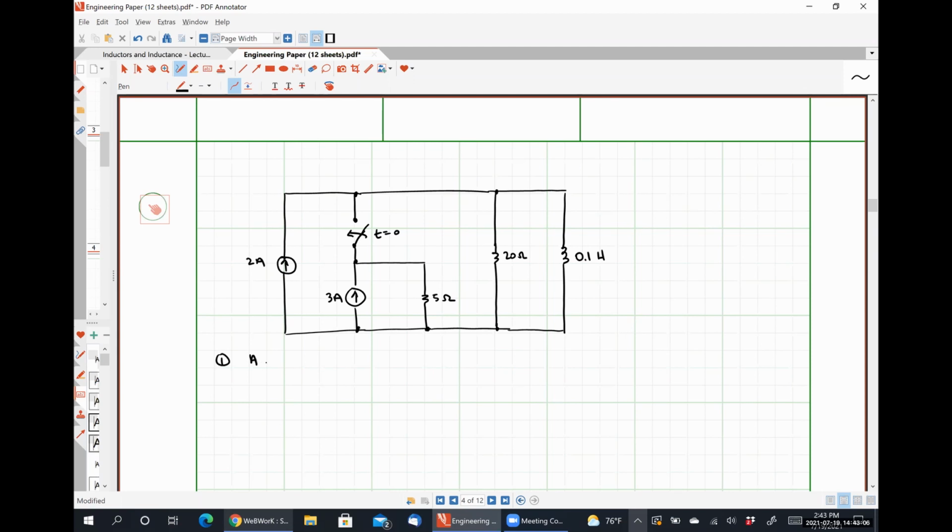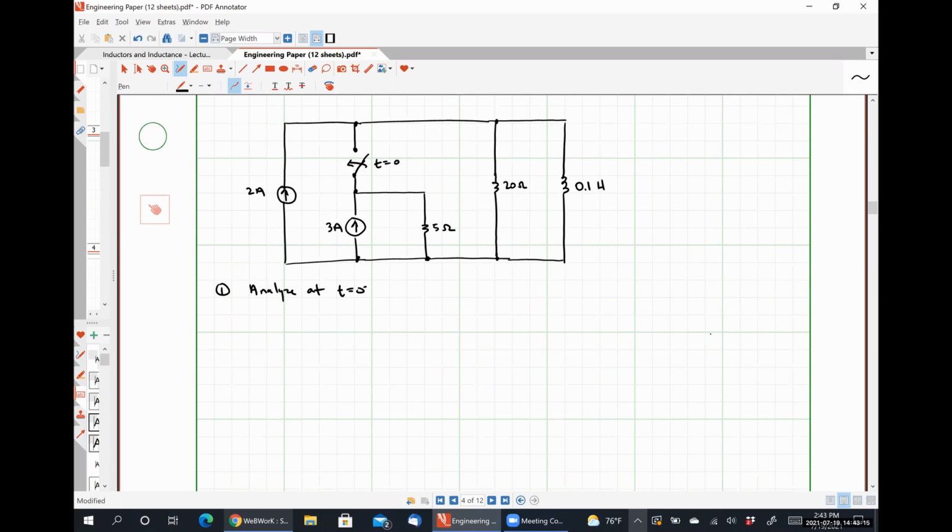Step one, again, we analyze at t equals 0 minus. In this case, at t equals 0 minus, our switch is open. So what we're left with is this: we have our 2 amp source, the 3 amp source in parallel with our 5 ohm resistor, and here is our 20 ohm resistor.